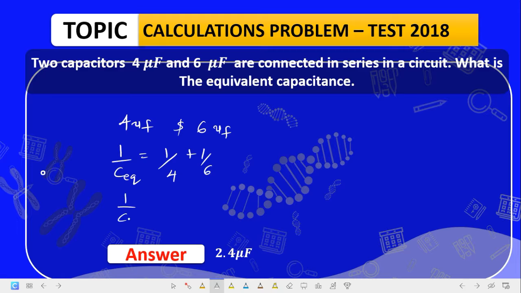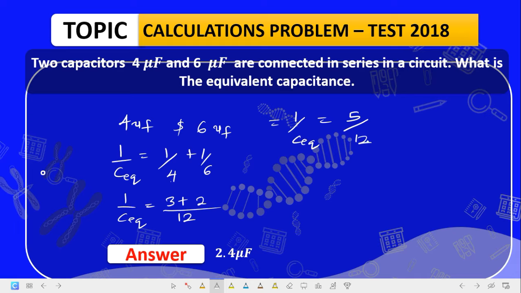This becomes 1 over C equivalent is equal to, the LCM of 4 and 6 is 12. 12 divided by 4 is 3. 3 times 1 is 3, plus 12 divided by 6 is 2. 2 times 1 is 2. And this will give us 1 over C equivalent is equal to 3 plus 2, which is what? 5 divided by 12.